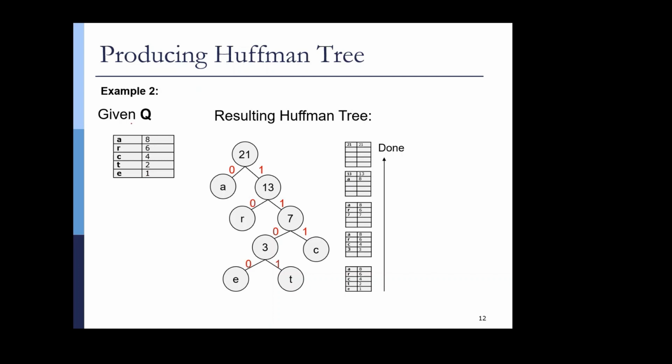That's why it's called a priority queue. If it's not sorted, it's not called a priority queue yet. Yeah, it must be sorted. So to produce the Huffman tree, you need the priority queue, but the priority queue is needed to start from the bottom, and then you work all the way up. So every time you're going to update the priority queue.